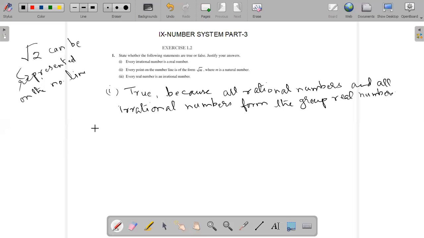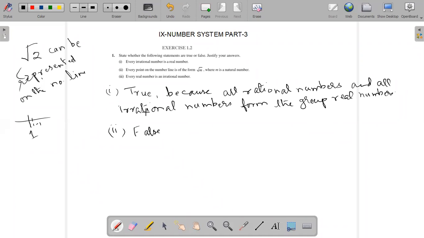Second, every point on the number line is of the form root m, where m is a natural number. This is false because every point is not root m. Root 2 is, but if you see the point 1 or 1.1 on the number line, it is not the root of something. So this statement is false.